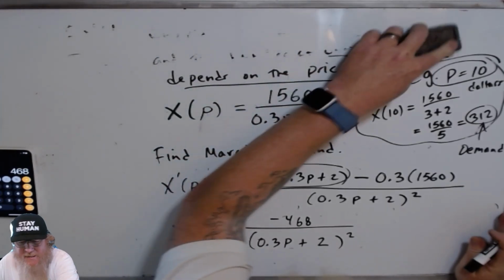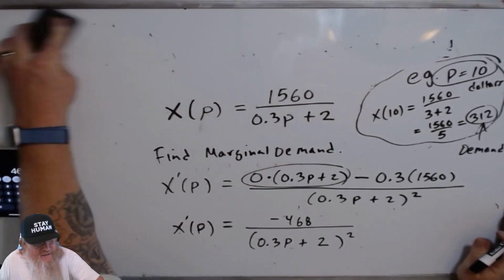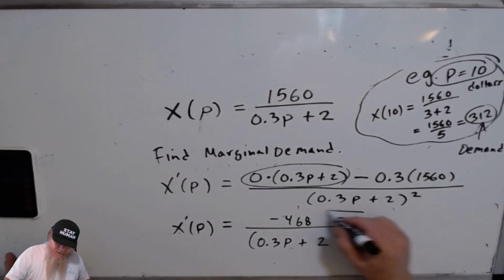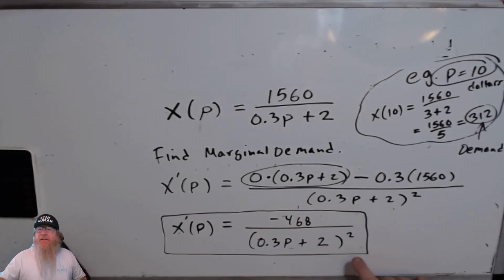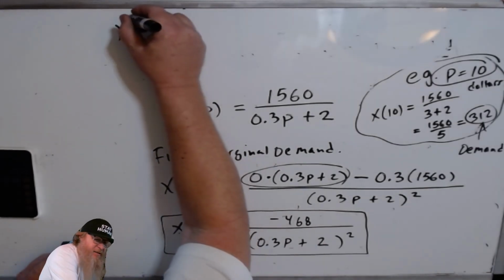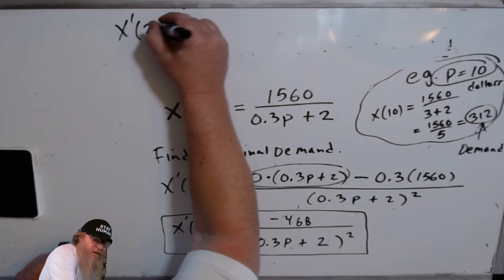So what does this tell us? This tells us how the demand is changing with respect to price. So what is X prime of 20?